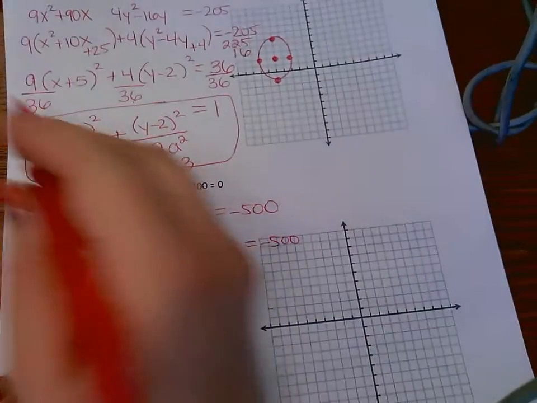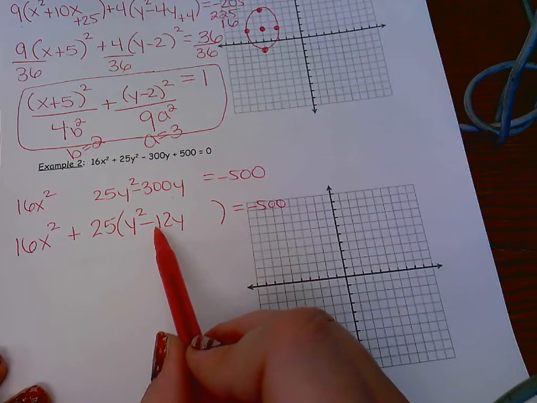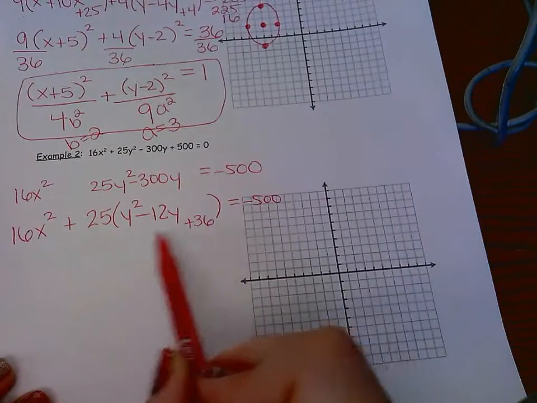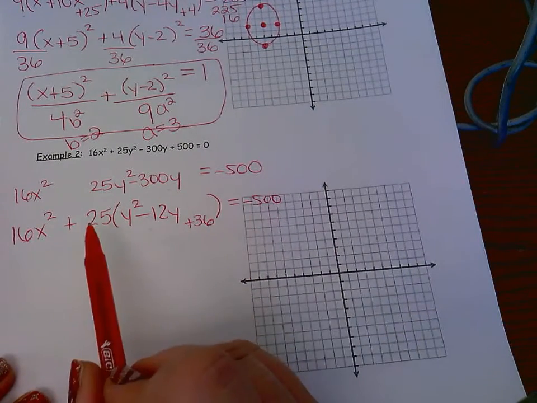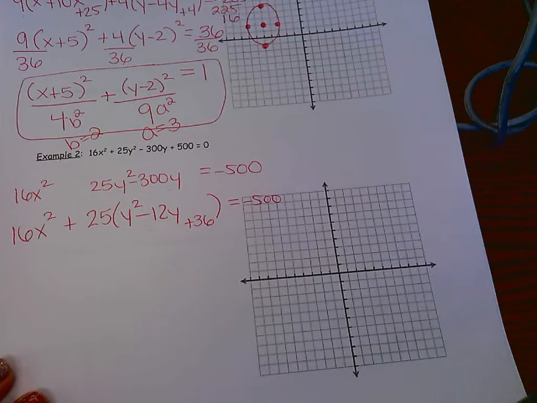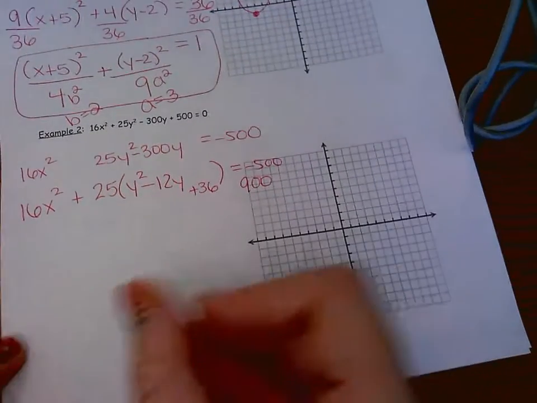I need to complete the square by cutting this value in half, -6, and then -6 squared is 36, so plus 36. How much do I need to add to the other side? I need to add 25 times 36, which is 900. So I'm going to add 900 to the other side of the equation.